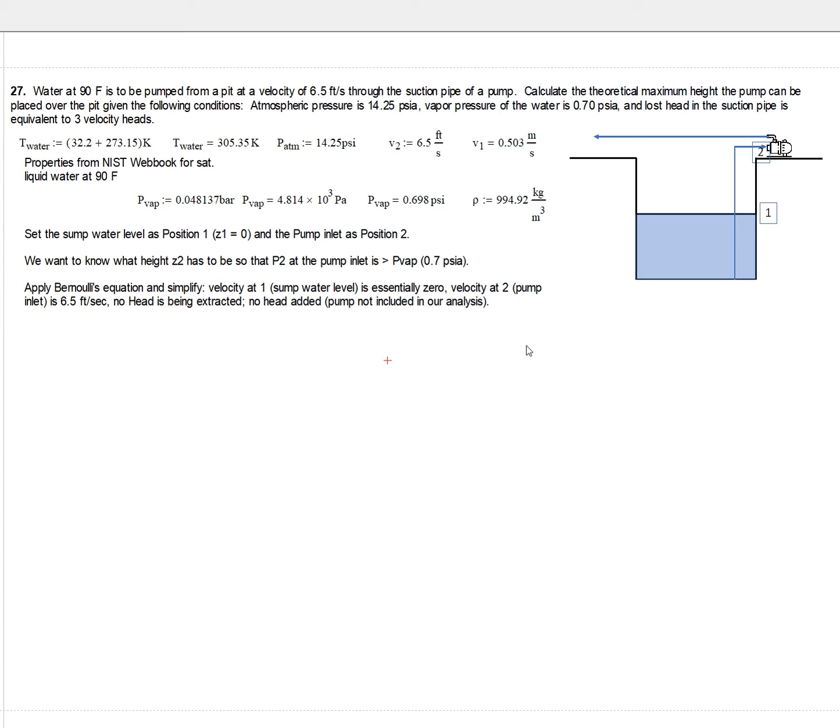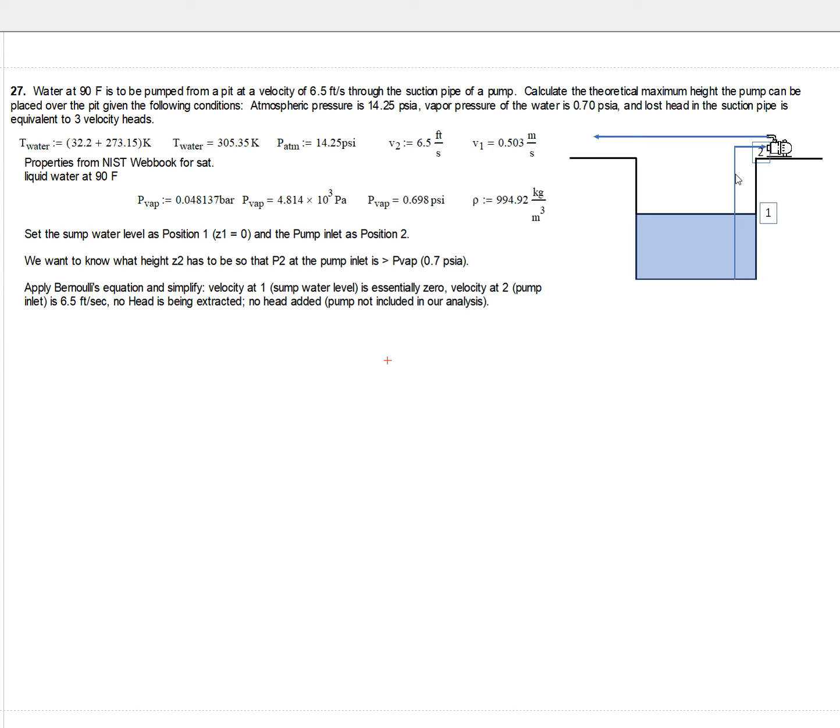The reason why we are doing this problem, this is actually a net positive suction head type of calculation. What we want to know is how high above the fluid level we can be before we start getting the water to boil inside the pipe at the pump inlet and cause cavitation.